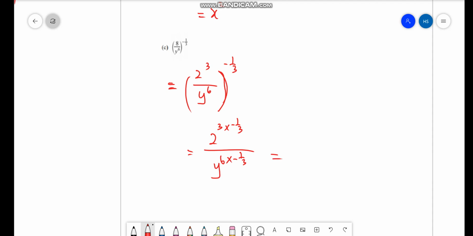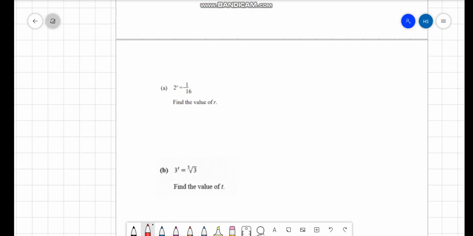So what I have will become 2 power negative 1 over y power negative 2. Remember, if you see negative, you just have to invert it. So you should get y squared over 2. Easy peasy.